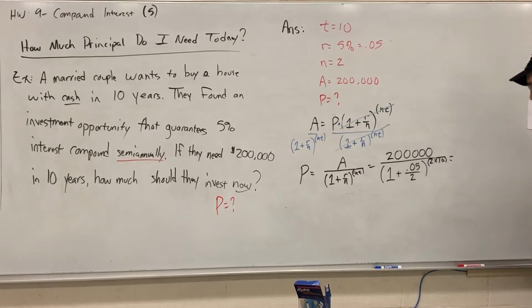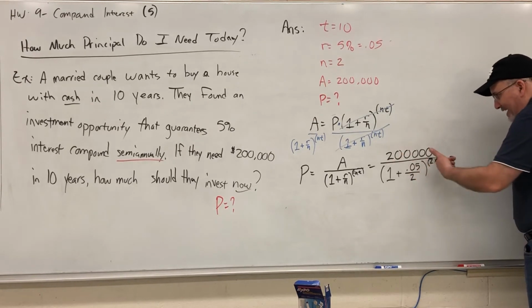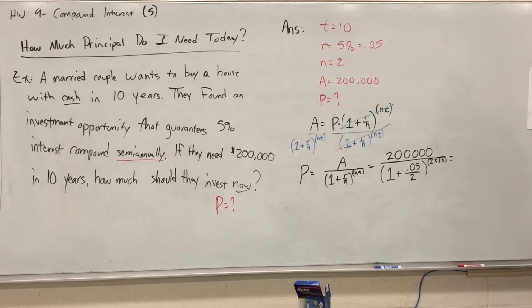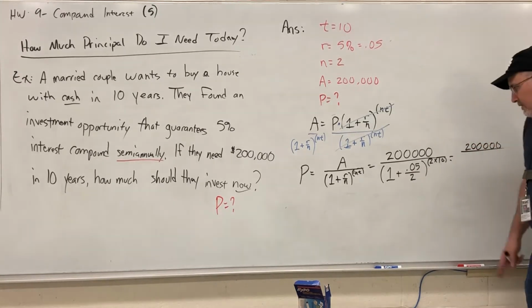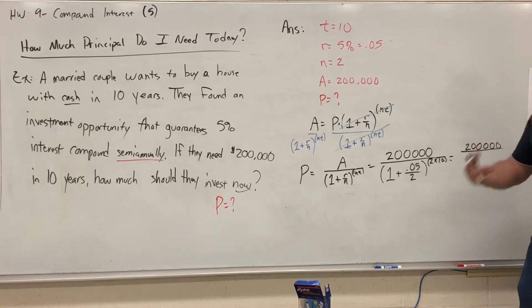Now, could you put all this in your calculator? Yes, except instead of hitting times after the 200,000, you would just hit divide. However, I think I can do some of this without a calculator because the numbers are not that bad. I can't do all of it, but I can do some of it. For example, I know what half of 5% is, because I know what half of 5 is.